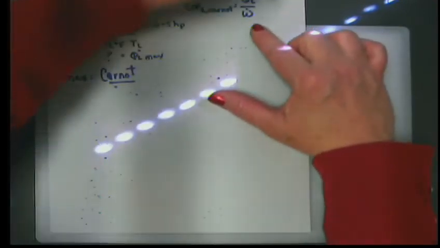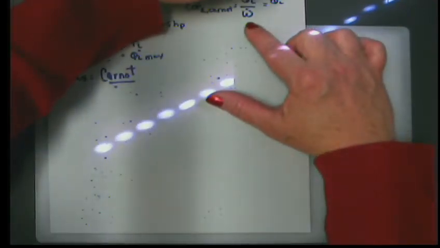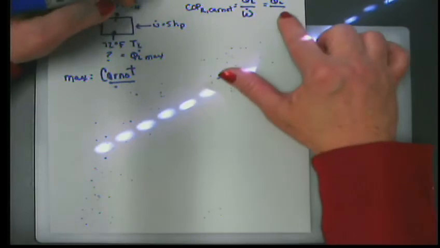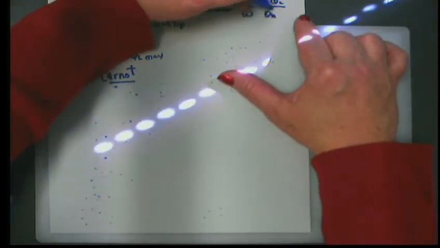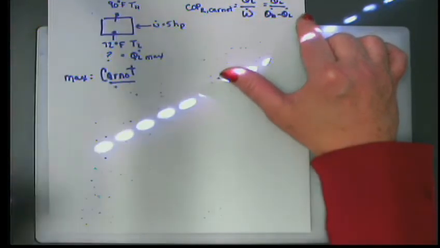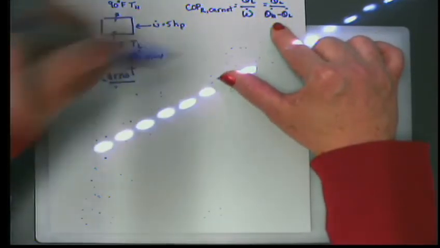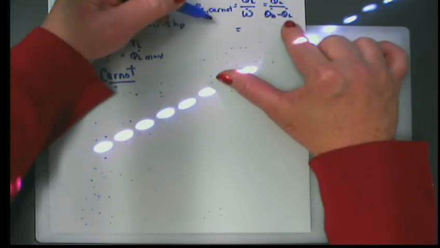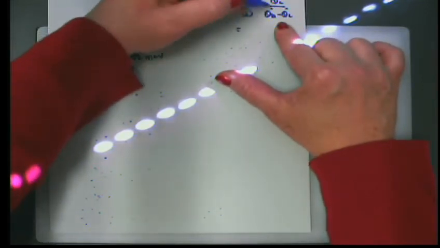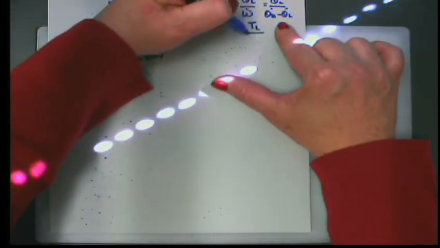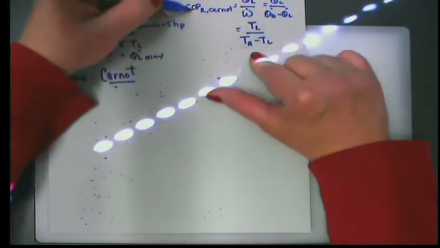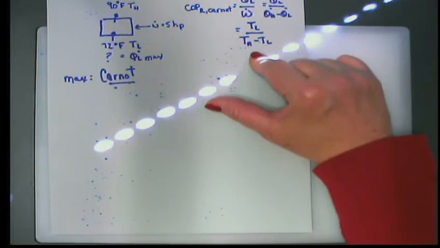And we also know that the work W dot is going to equal Q sub H dot minus Q sub L dot. All right? Now we further know that for a Carnot cycle, we can substitute the values of temperature for our heats. So we can say T sub L over T sub H minus T sub L, and that will be our maximum Carnot efficiency.